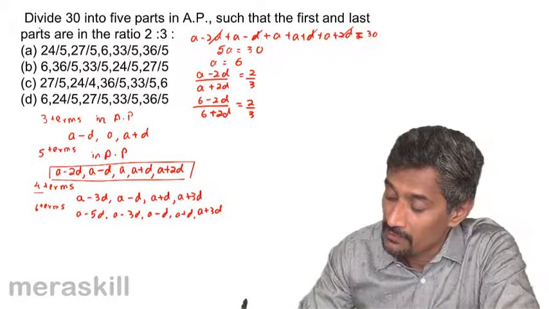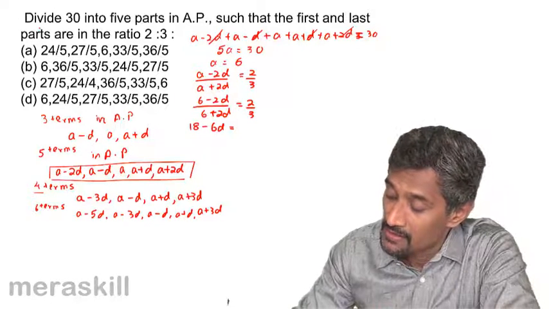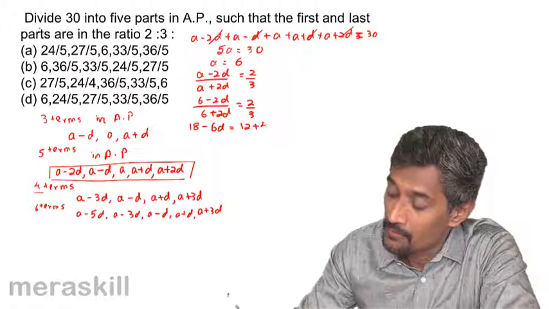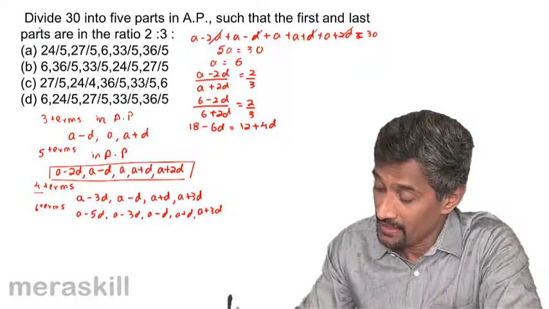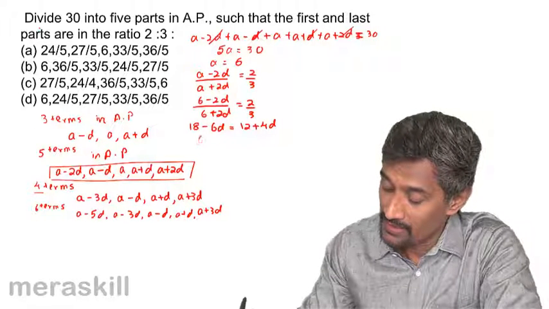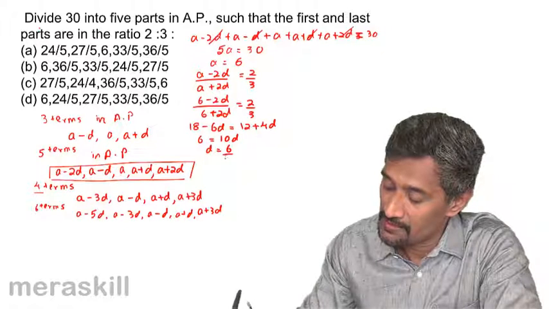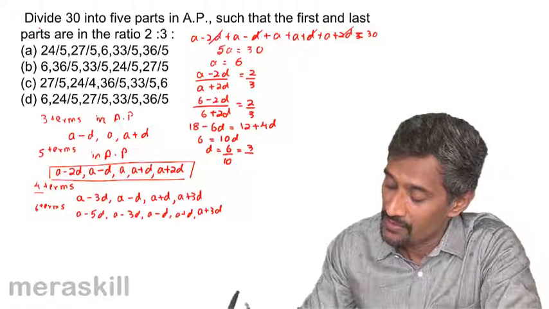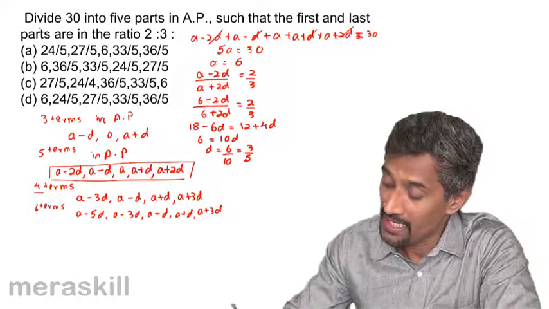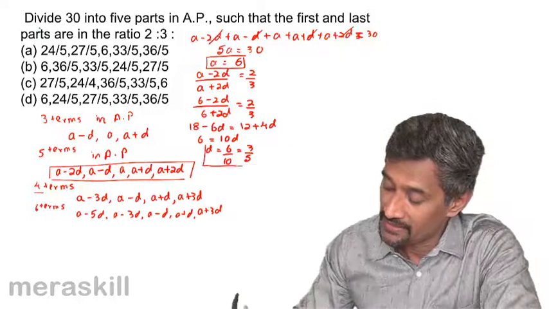If you cross multiply, you get 18 minus 6d equal to 12 plus 4d, and hence 18 minus 12, that is 6, is equal to 10d. So d would be equal to 6 by 10, which is 3 by 5. So we have a as 6 and d is 3 by 5.